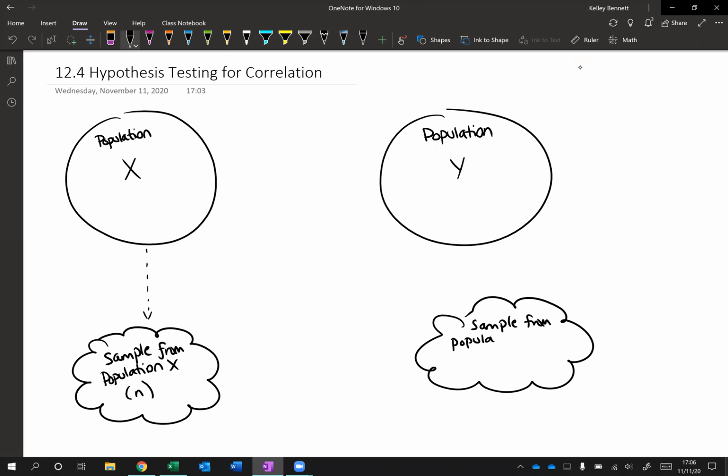And remember, we had to plot them on a graph. So there should be as many data values in our sample from population X as there are in our sample from population Y. We have equal sample sizes from both populations.